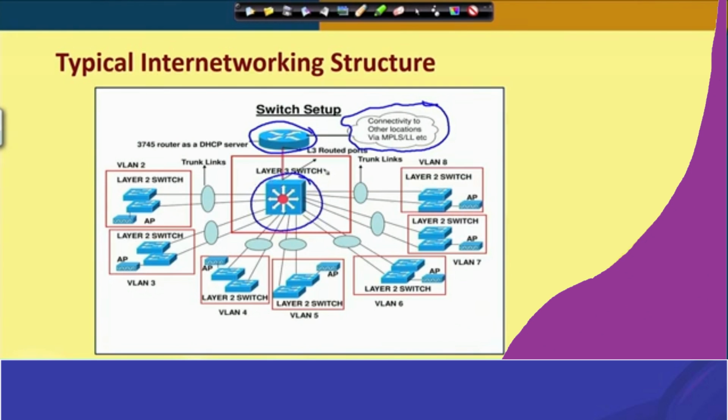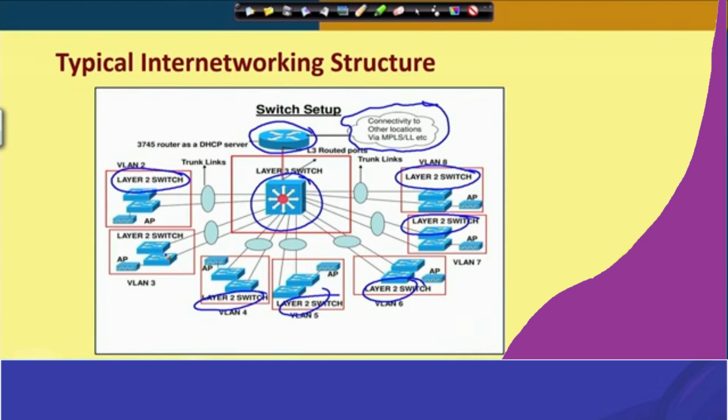This is a layer 3 switch, which is very similar to a router. This is internal to your organization, and in the different sections of the departments, you can have smaller switches. These are the layer 2 switches, and the hubs I am not showing. Under these you can have hubs, and finally, you can make connections to the actual individual computers or nodes. So, this is how a typical network looks.